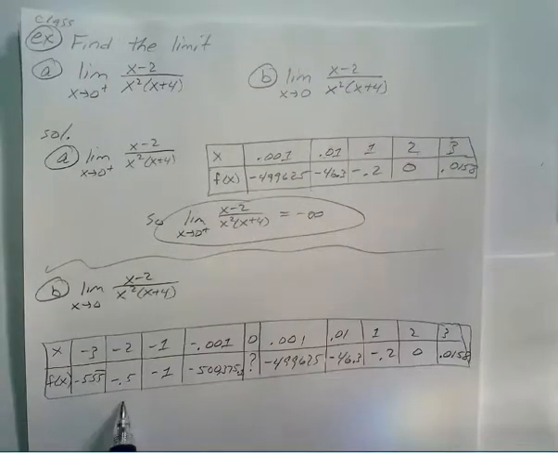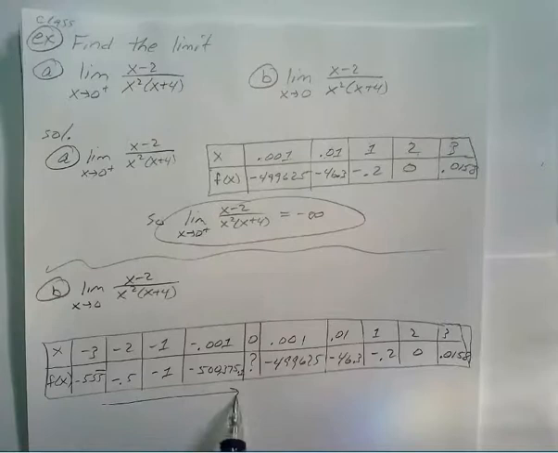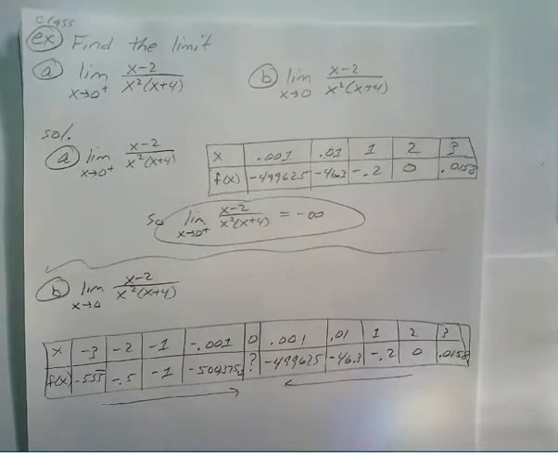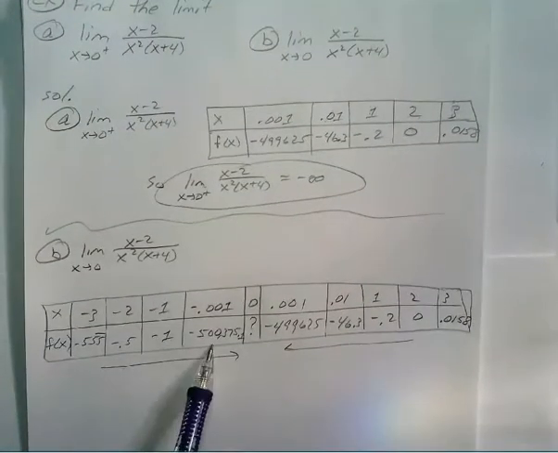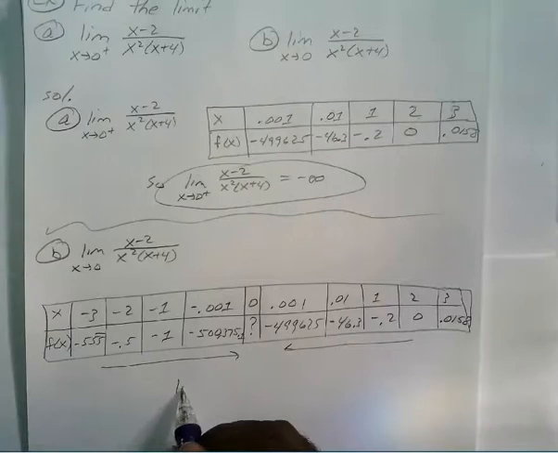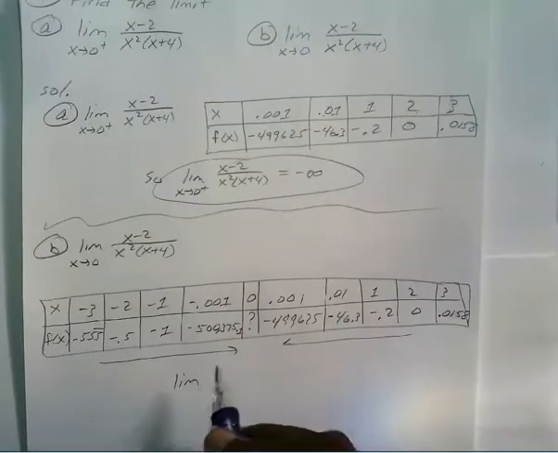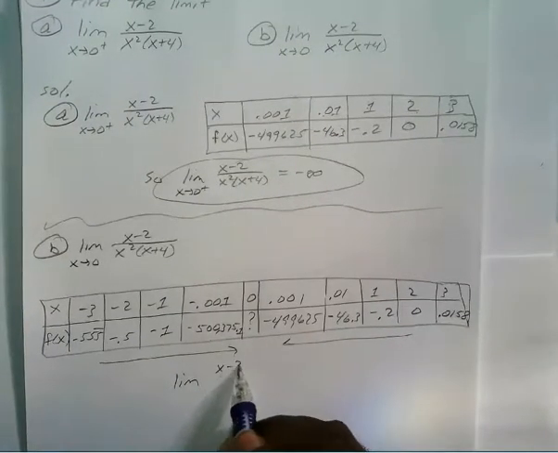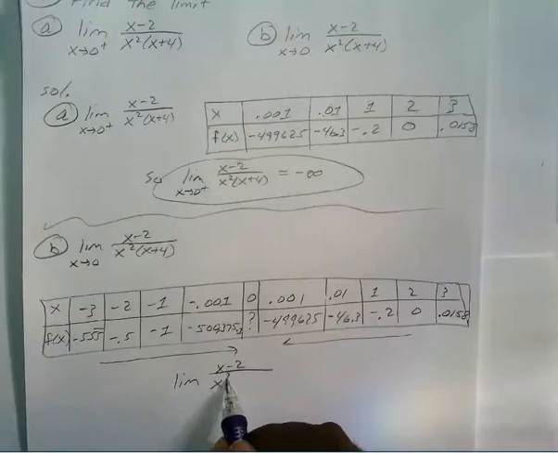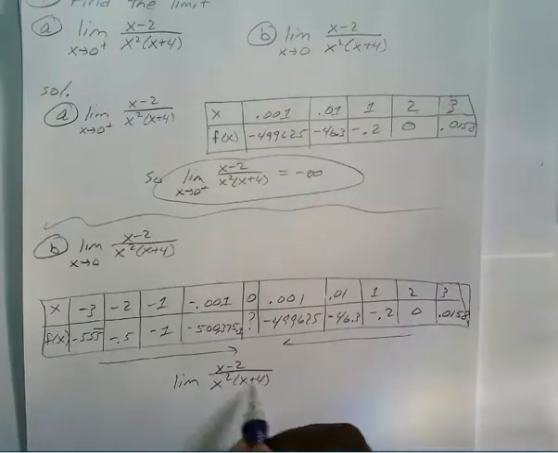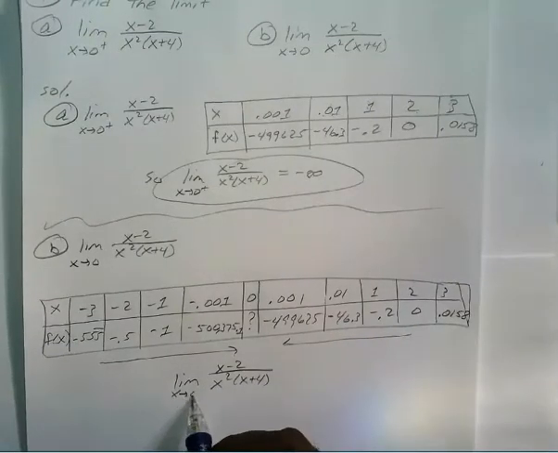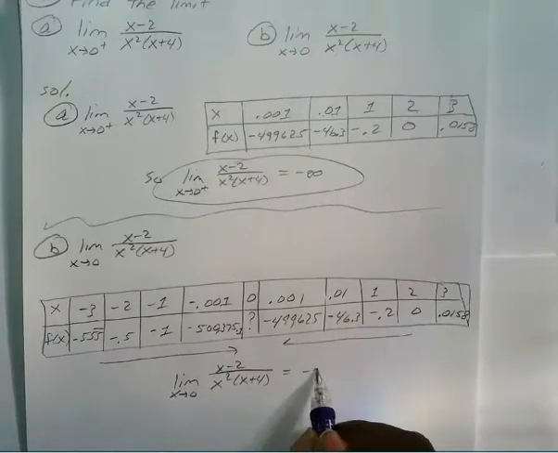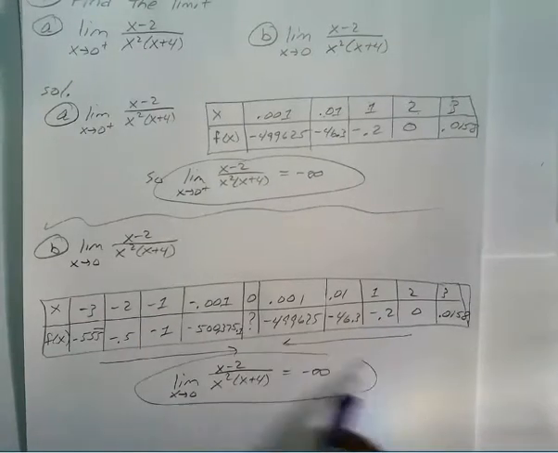Okay, so we see that approaching 0 from the left and the right both will give you negative infinity. So the limit of x minus 2 over x squared times x plus 4 as x approaches 0 is also equal to negative infinity.